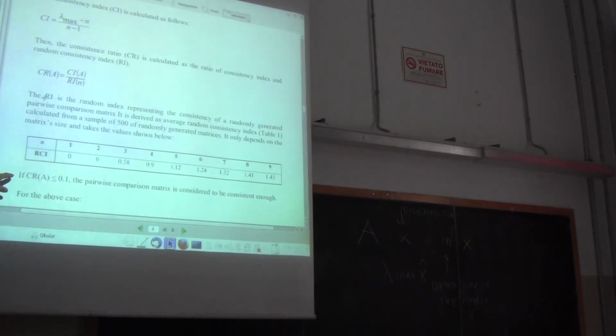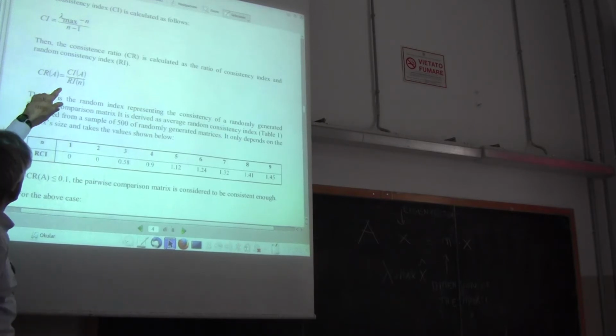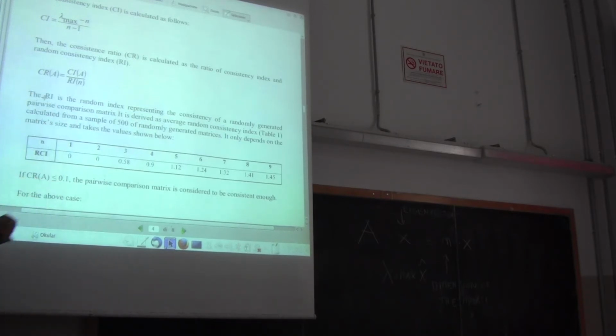And then we can conclude that if the result of this ratio is lower than 0.1, then the matrix is assumed to be consistent.